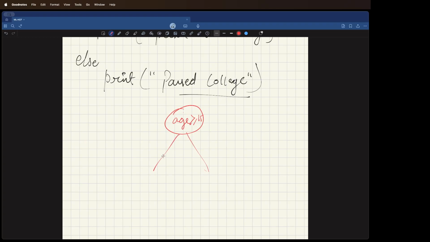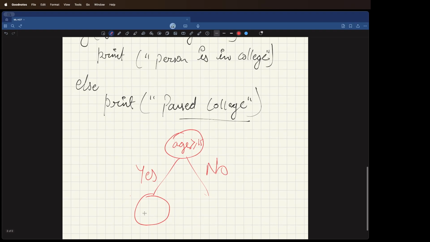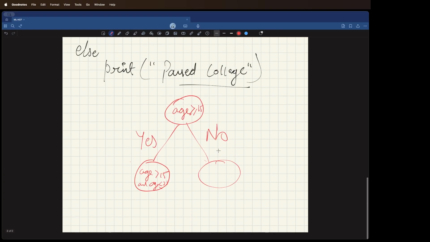Either the answer is yes or no. If yes, the next condition is whether age is greater than 15 and less than 21. If no, age is not greater than 15, then the person is in school. So I'll put school over here.